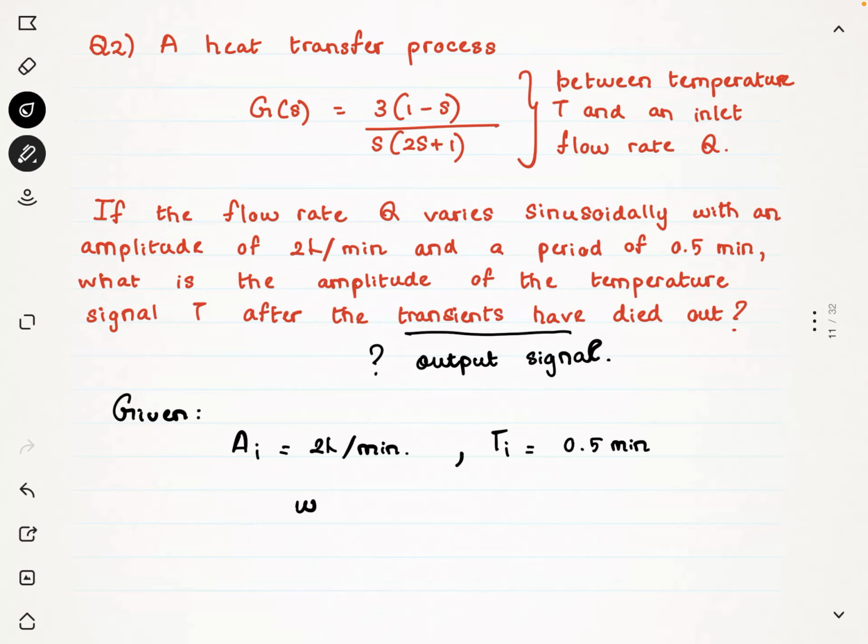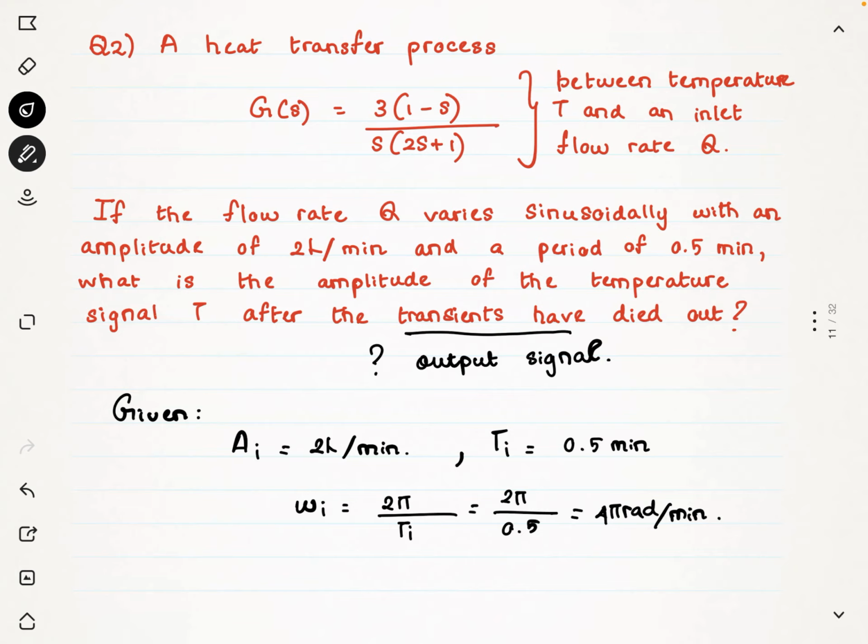And the angular frequency omega i, the formula is 2 pi by Ti. So we have 2 pi by 0.5, which is 4 pi radian per minute. So the important thing to note here is we have not been given the angular frequency, but we have been given the period.